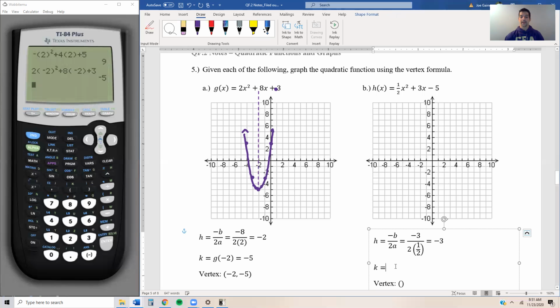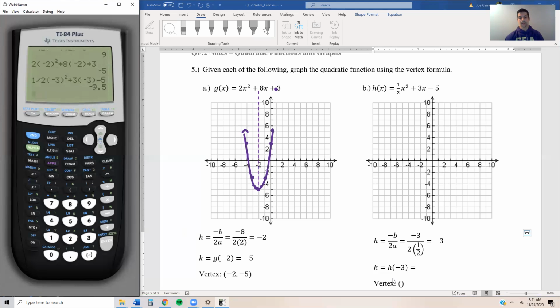Now, if I want to find the y-coordinate for my vertex, I would find h of negative 3, or take negative 3 and substitute that into the equation. So again, I can do this in the calculator: 1/2 times negative 3 quantity squared plus 3 times negative 3 minus 5.